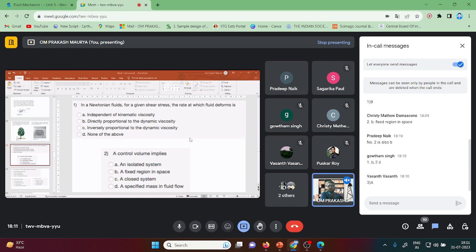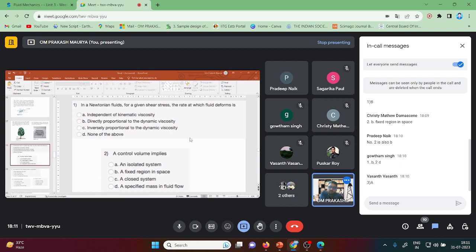In the control mass system, the identity of the fluid should not change. In the control volume, mass will come in and go out through the fixed region.